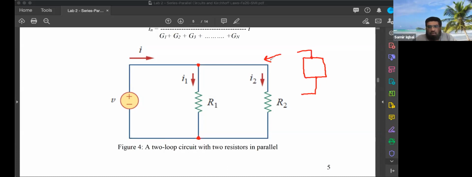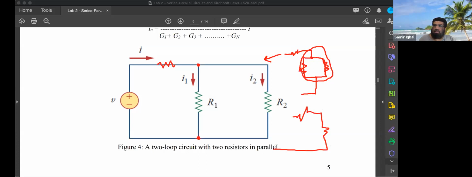It seems a straightforward thing, the way it's shown, but when a bunch of resistors come together, this kind of visualization helps you a lot to see that these two resistances are in parallel, and there may be other resistances in series. Suppose there was a resistance here, then you will have to divide and rule: solve this first, and then write it like two resistances in series, and calculate those two.